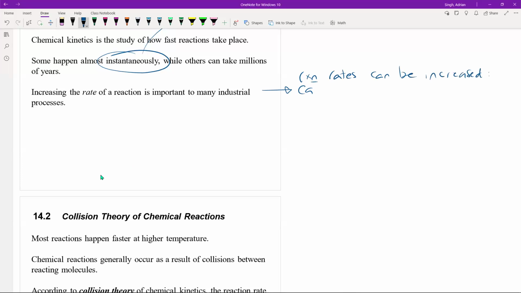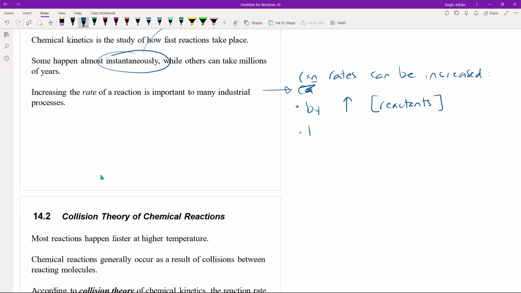And we actually saw some of these back in General Chemistry 1. We can increase the reaction rate by increasing the concentration of the reactants. And we're going to take a look at how these influence reaction rates a little bit later on. The square brackets mean concentration of reactants.